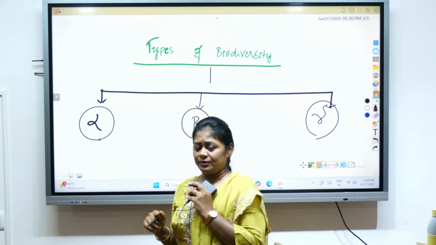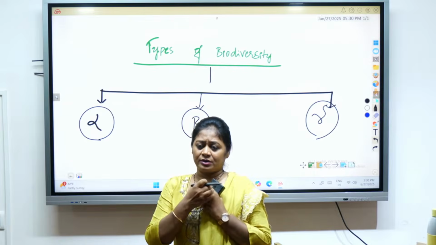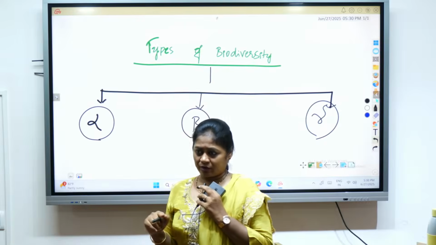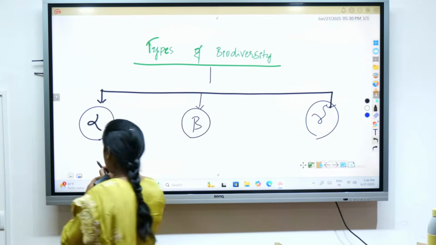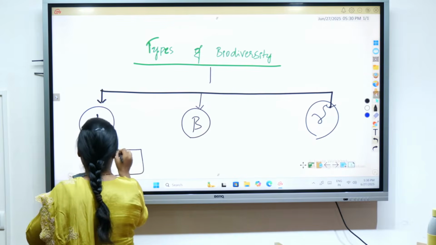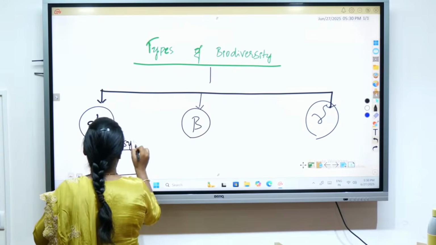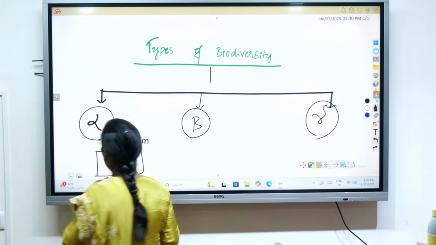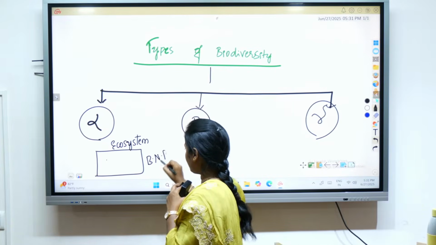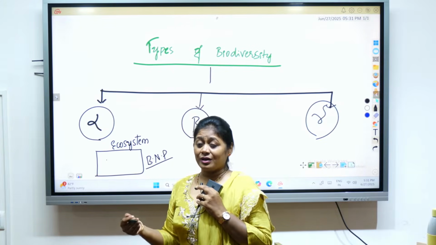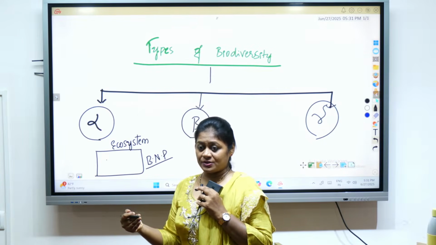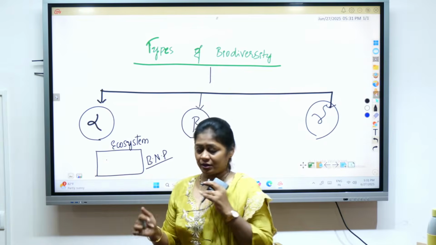Take for example our national park in Bannerghatta. Let's take Bannerghatta National Park, it is in Bengaluru, right? So this Bannerghatta National Park is an ecosystem. Okay, so in Bannerghatta National Park, how many types of species are available in that park?